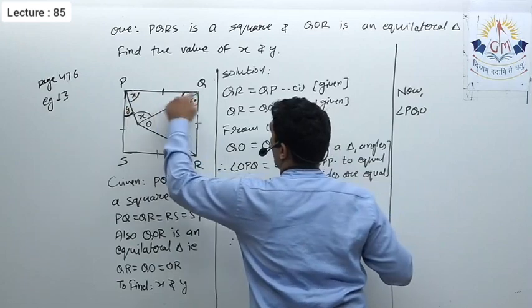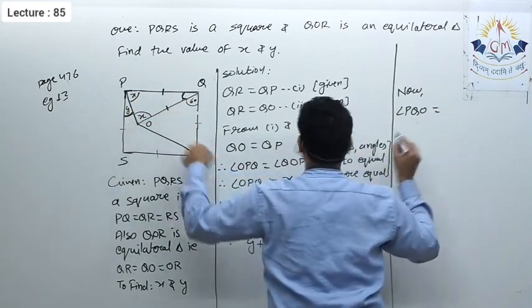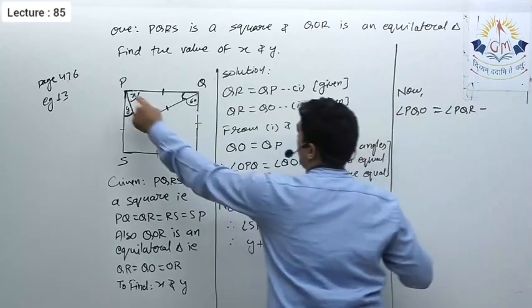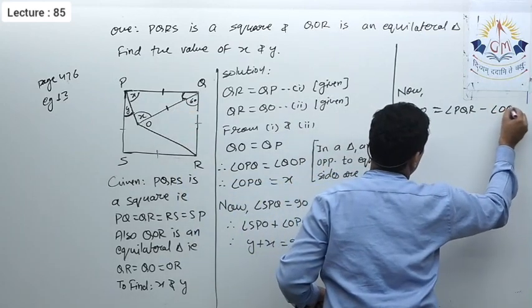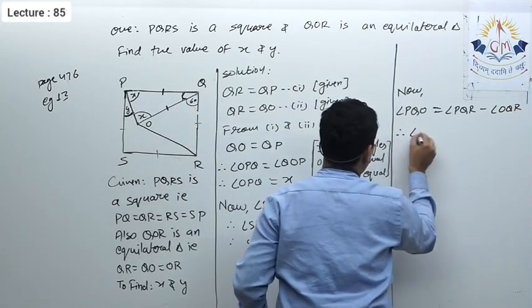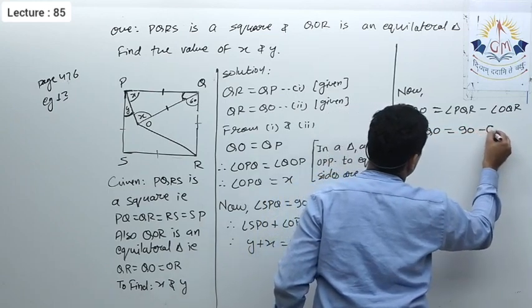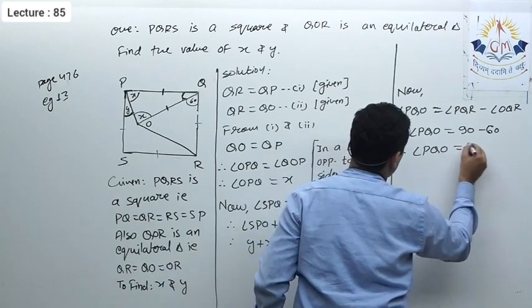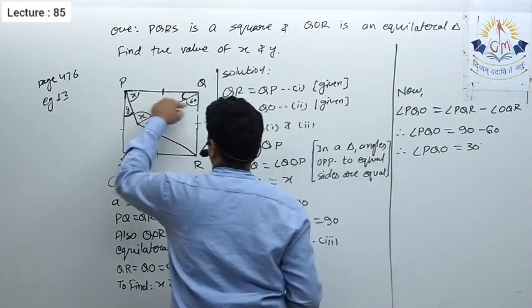This angle PQO can be written as angle PQR minus angle OQR. Therefore, angle PQO is equal to 90 minus 60. Therefore, angle PQO is equal to 30 degrees. So we have the measure of angle PQO.